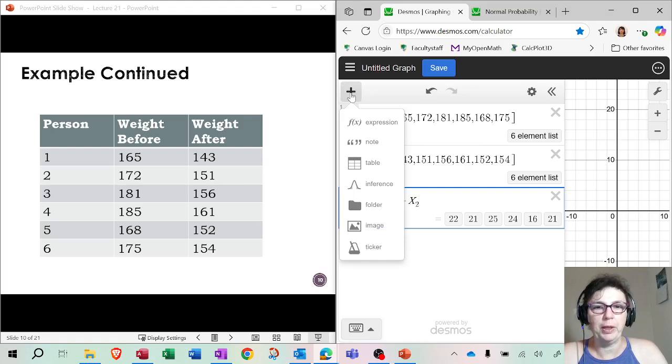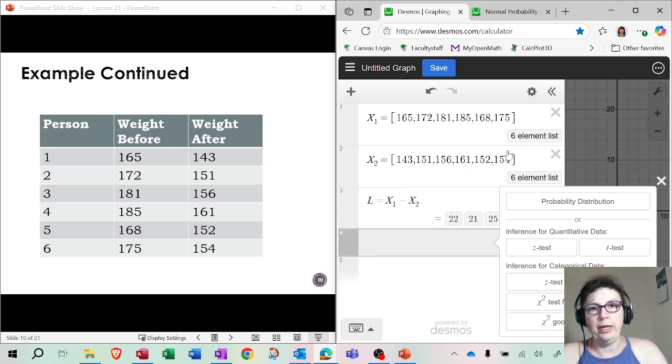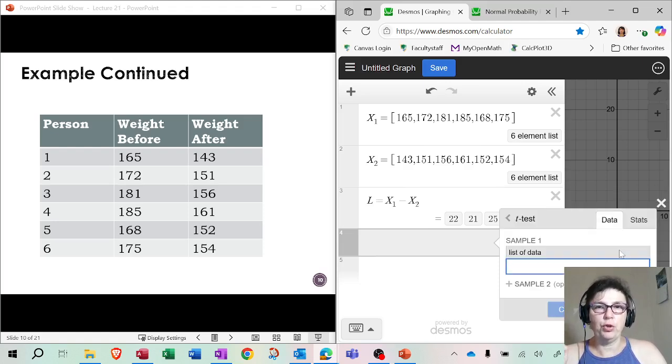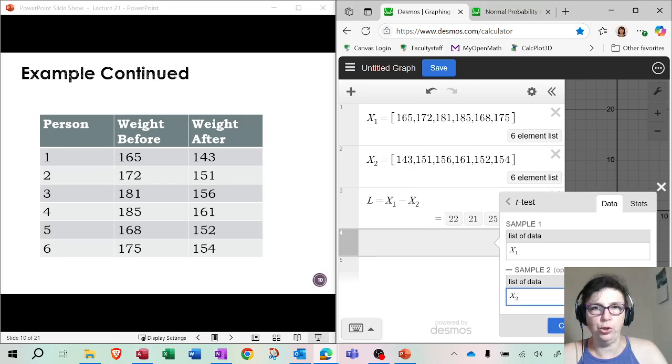So we're going to click on the plus sign. We're going to go to inference, and you probably already guessed that because this is the test for the mean, we're going to go to the t-test. But this is going to be a big difference with what we had when you had two independent samples. Here you were saying, okay, the list is in X1 and the second one is X2.